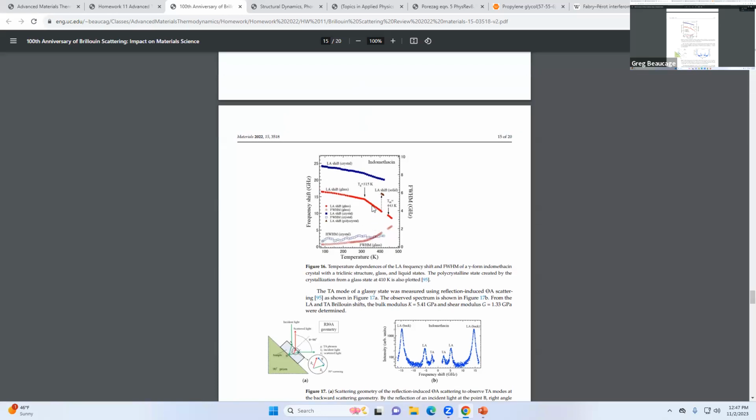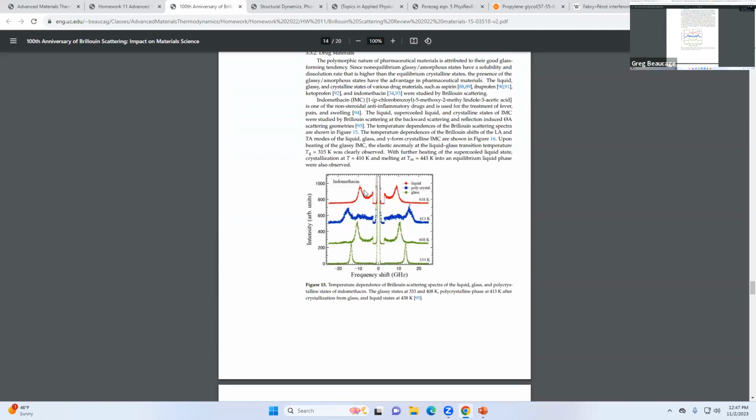He shows that here, with his liquid, polycrystal, glass. The glass has a sharp peak and the crystal has a broad peak. So the breadth of the peak and the position of the peak are two separate pieces of information. The frequency is the energy, and then the breadth has something to do with something else.